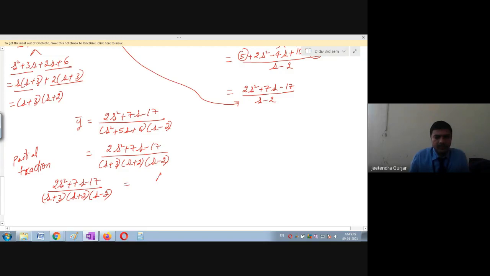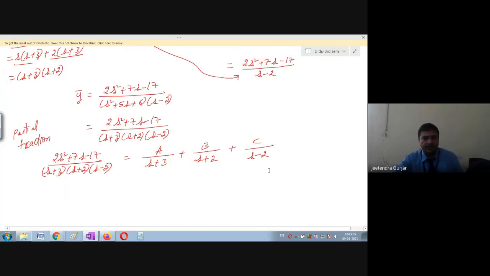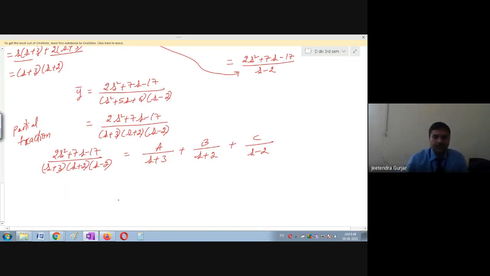So you can see this is equal to A divided by s plus 3 plus B divided by s plus 2 plus C divided by s minus 2. Please check, can anybody solve this fast? Okay. So this is equal to, now this will be 2s square plus 7s minus 17.